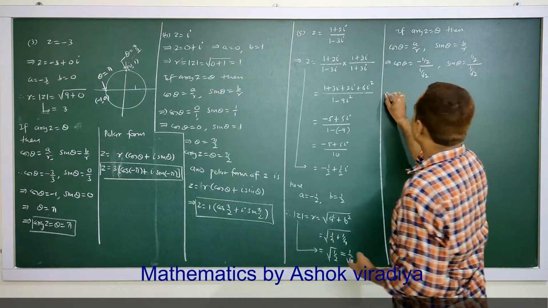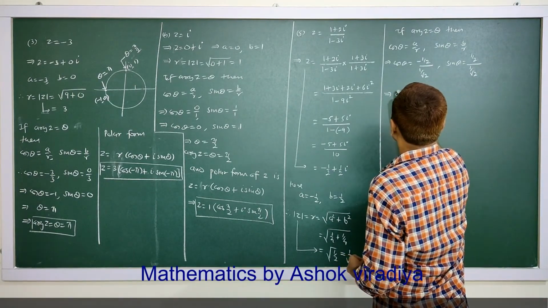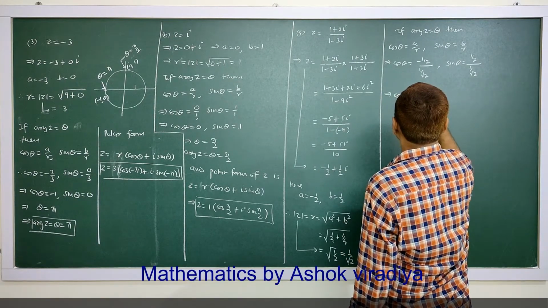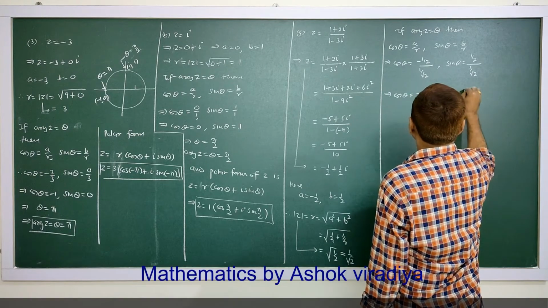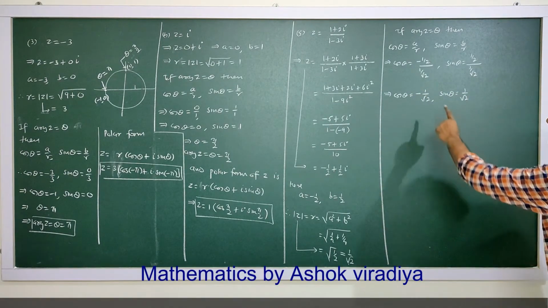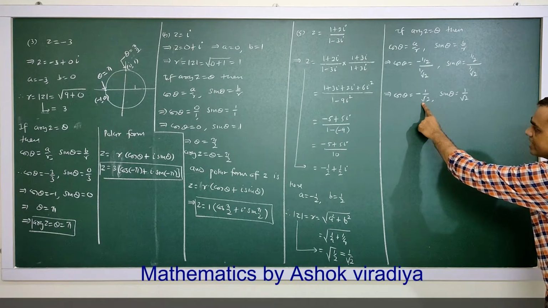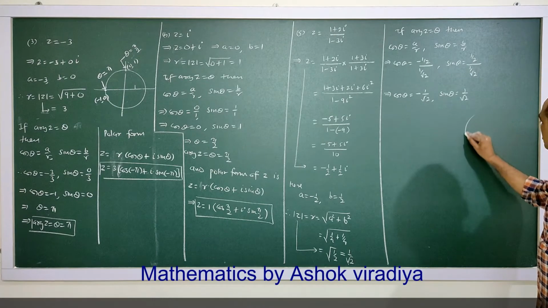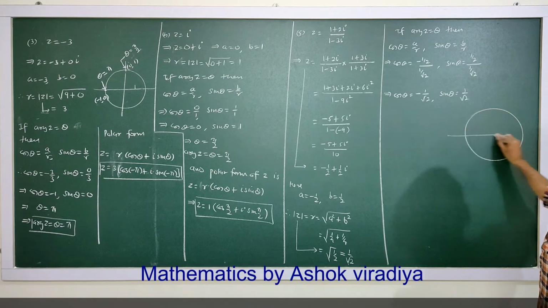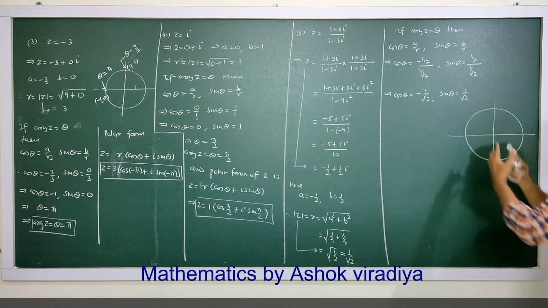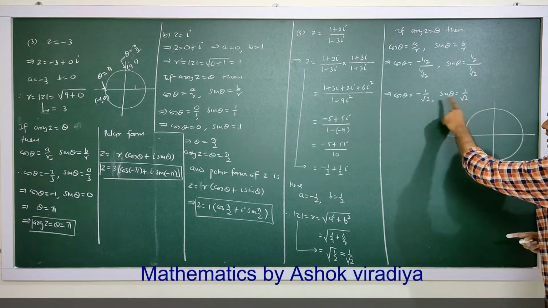So cos theta is minus 1 upon root 2, sin theta is 1 upon root 2. You can see that here cos theta is negative, sin theta is positive. On the unit circle, to get theta corresponding to these numbers, cos negative, sin positive.